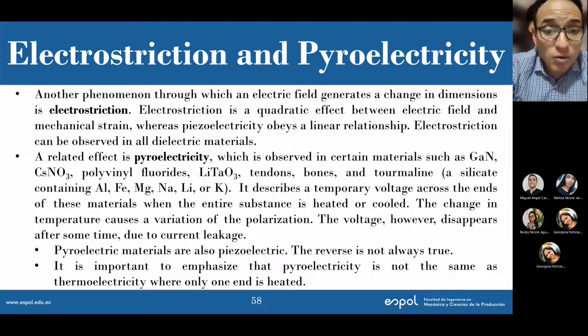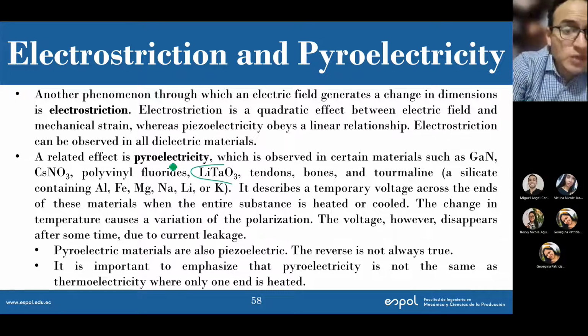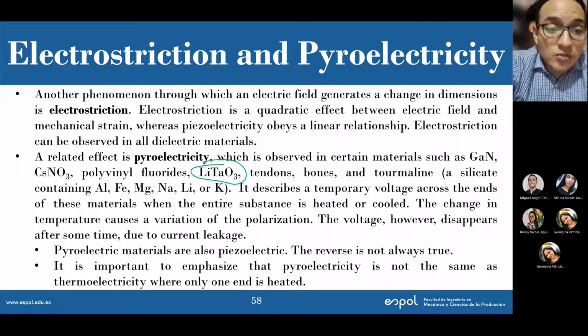is just a temporary voltage generated once the material is heated or cooled, right? Once I heat or cool the material and I see a temporary voltage that has been generated across the ends of the material, that is called pyroelectricity. It's especially seen in this material, lithium thallium oxide.